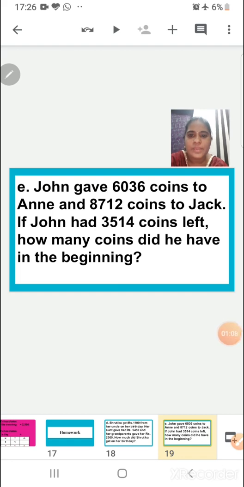So children, to find out how many coins did John have in the beginning, we have to add the number of coins that he gave to Annie, then the number of coins that he gave to Jack, and whatever coins are left, all of them we have to add together and then we have to find our answer.